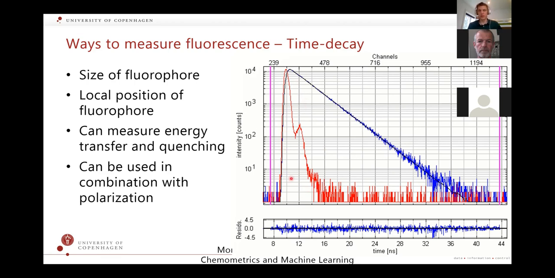The red fellow is called the instrument response function, and it is dependent on the instrument and even more so the light source that you're using. Not going more into details, but especially here in the top part, you can see that it doesn't look as nice and linear as it does down at the right-hand side, but here again, it's also more noise.